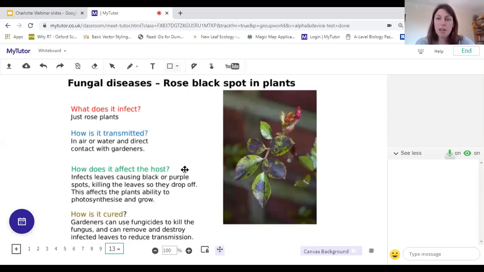So that could be if you have managed to get some in your watering can and then you water 5 different roses, you could then transmit it to all 5 of them. Or it can be through direct contact with gardeners. So if you picked off a leaf with black spots or rose black spot fungus and then threw away that leaf but didn't change your gloves or wash your hands before touching the next rose plant, then you could transmit that fungus to the next one.